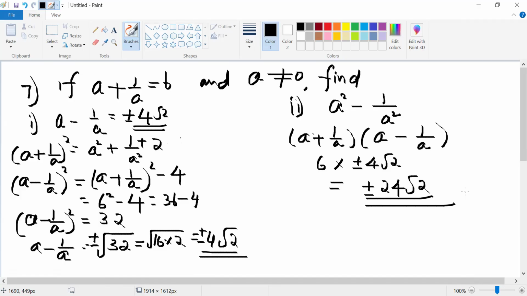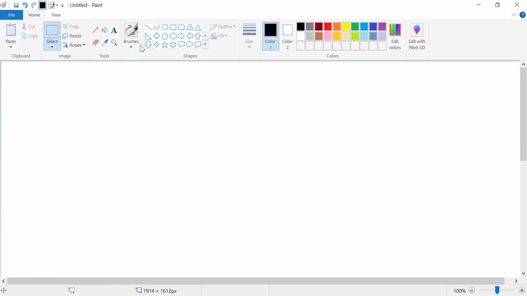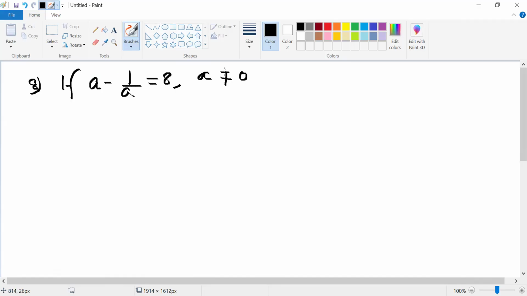Next, question number 8. If a minus 1 by a equal to 8, where a not equal to 0, find: question 1, a plus 1 by a, and the second one, a square minus 1 by a square.